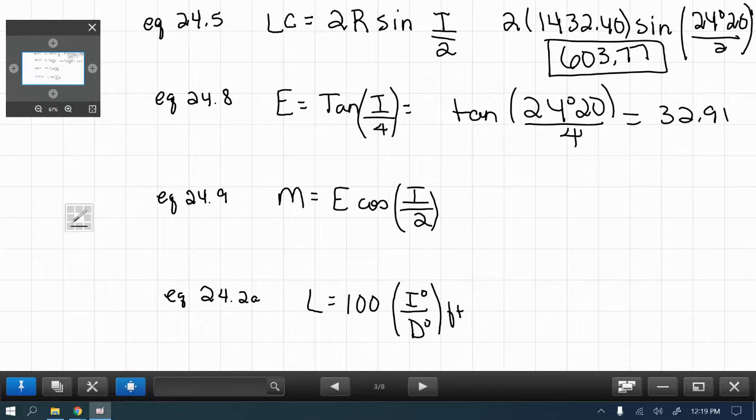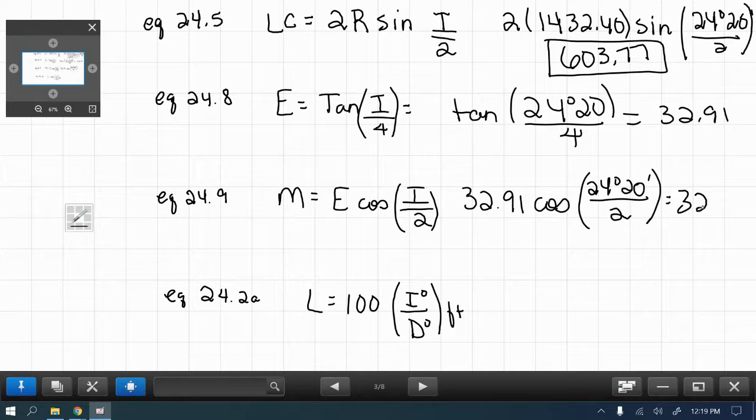And then we're going to solve for M. So that'll be E. And these should be relatively close. If you see you're way off, then you probably put something in wrong. So just think they're going to be pretty close, E and M are. All right, so I'm going to check them really quick. Tangent.